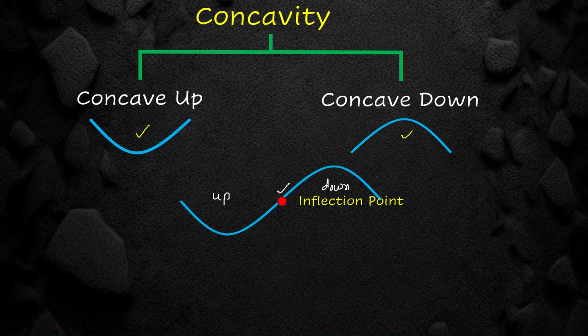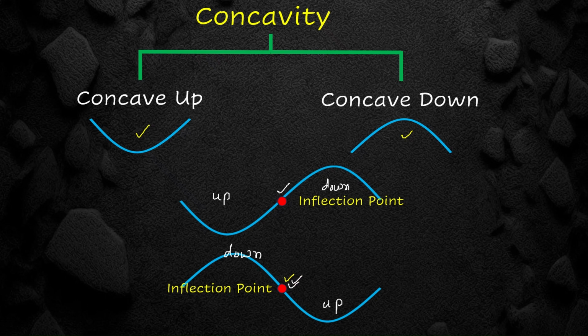Again, if we take the concave up and concave down portions of the curve, we see that this point is the point of inflection, because on left of this point the curve is concave down, and towards right the curve is concave up. So at this point the concavity changes.